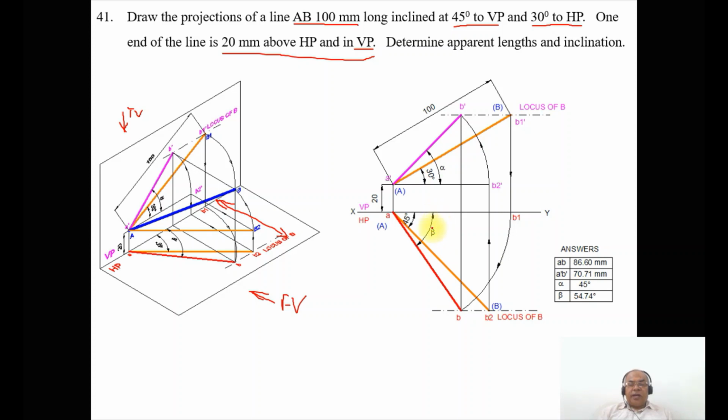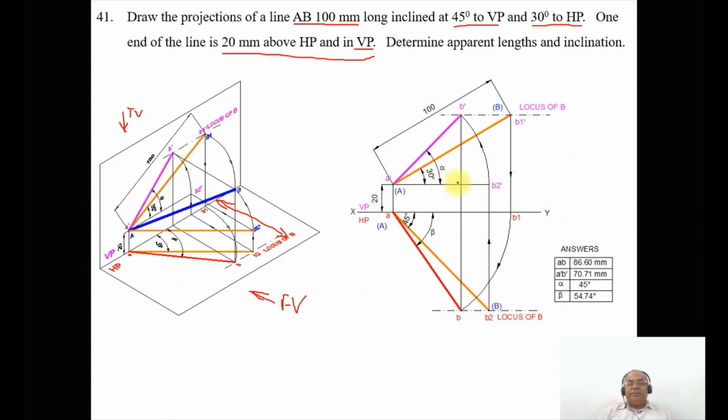So here you show the angle as beta and you show this angle as 45 degrees. Then what we need to do now, we have drawn a horizontal line through A dash. Then from B2 you draw a vertical projector such that it touches the A dash line here, and you mark this point as B2 dash.